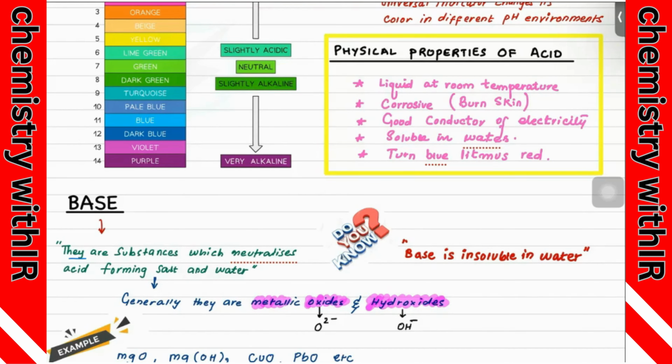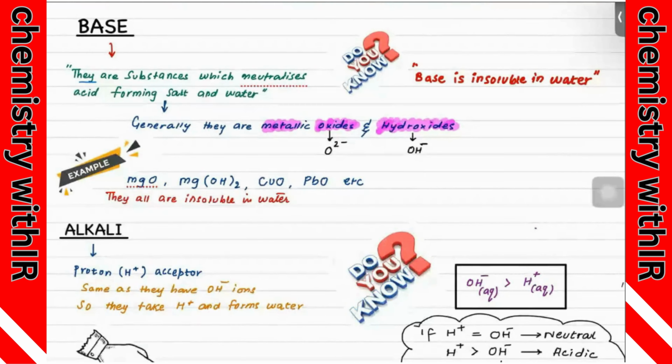Then we have base. I will tell you the chemical properties after the physical properties and the definitions of acids and bases. So what is a base? A base is a substance which is a proton acceptor.